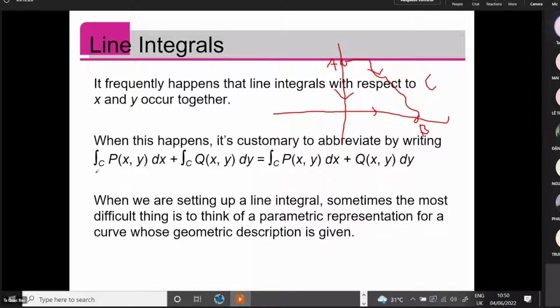Then by these directions you get the integration with respect to x and y.